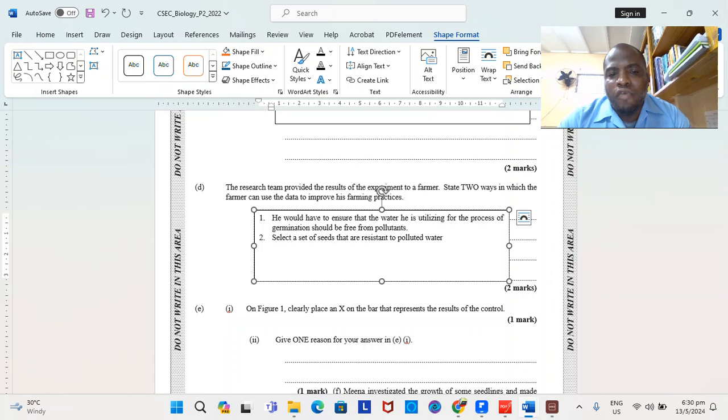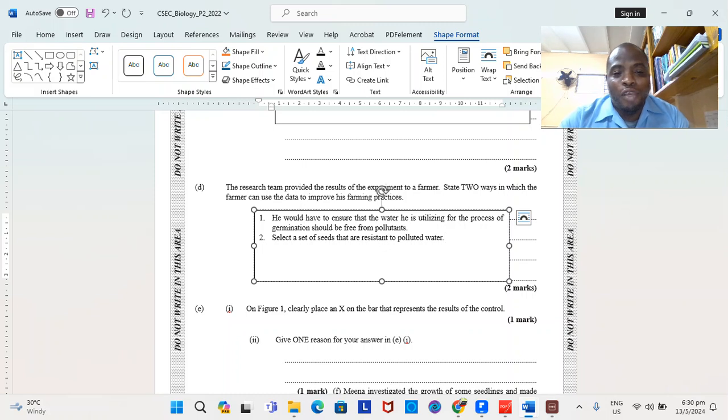So maybe not for all the crops, but if he doesn't have a choice and he recognizes that the water that he has, maybe not 100% in terms of the concentration, maybe 50%, but you might have a type of crop that would be able to withstand that level of polluted water and still germinate, right? So he can do that.